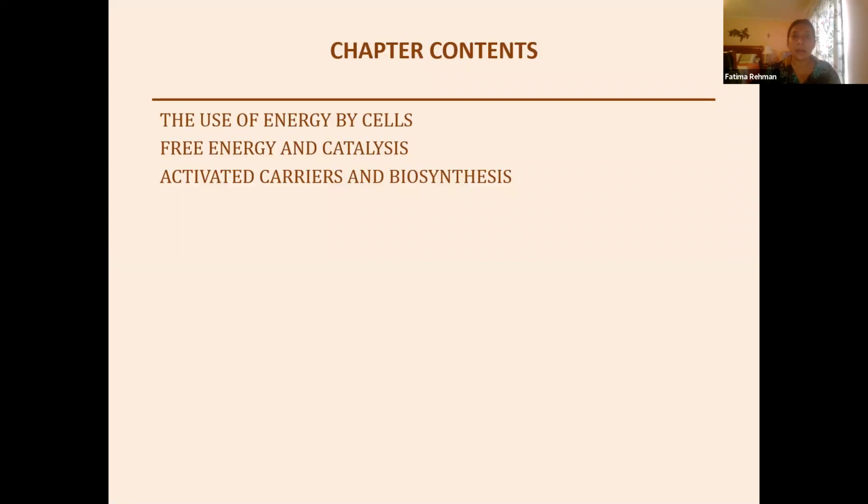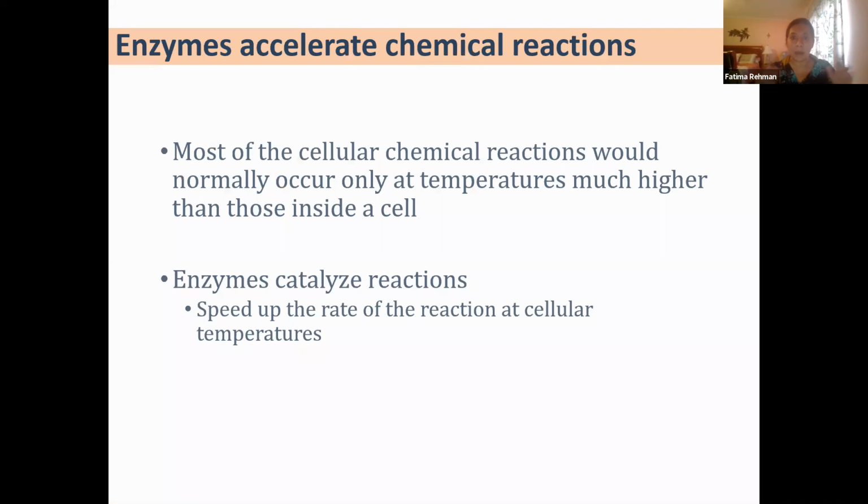And then the final portion is talking about activated carriers and biosynthesis. And that's where they talk a lot about ATP and its use in metabolism in different reaction pathways as macromolecules are built and destroyed to create energy. So that's going to be our overview for that.